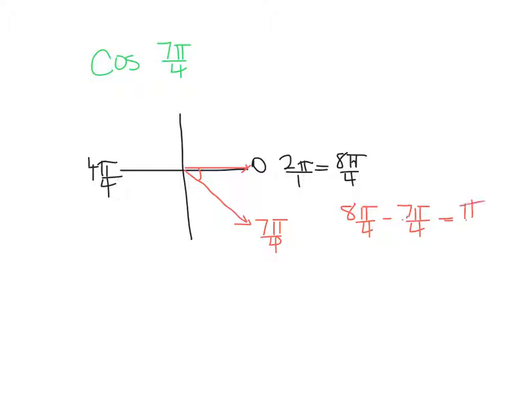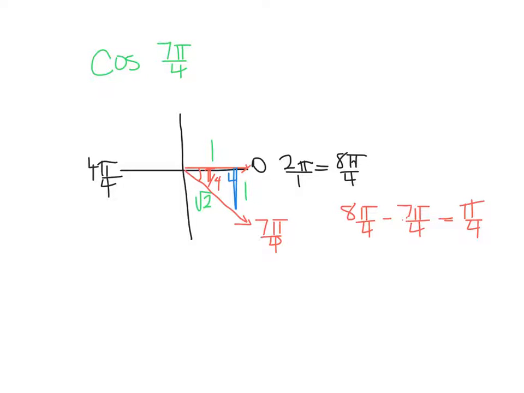So our reference angle is pi over 4, which hopefully sounds familiar because that's one of our special right triangles. So if we fill in the sides for the pi over 4 special right triangle, the hypotenuse is the square root of 2, and the other two sides are 1s.